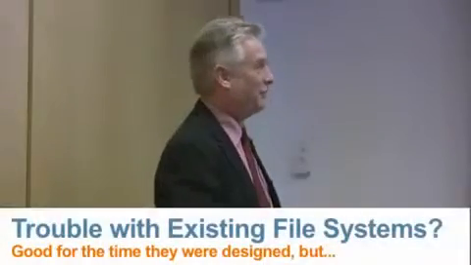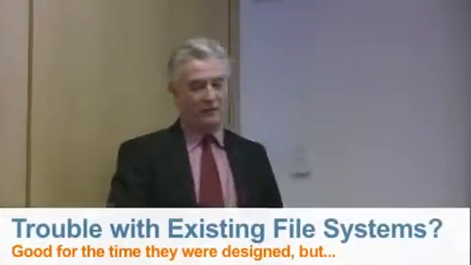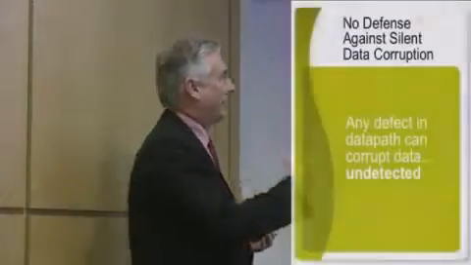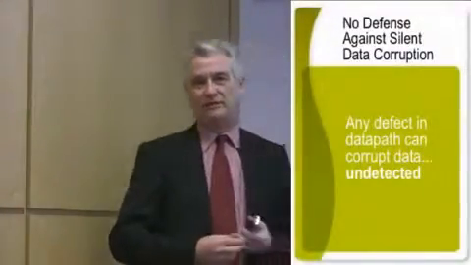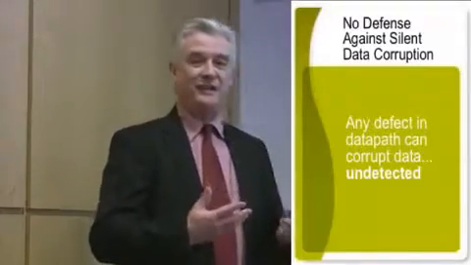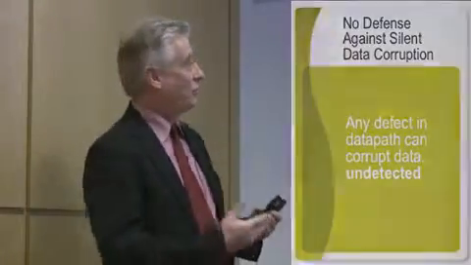Okay, 2 things. Why do we need a new file system? Why can't we use what we've got before? Well, you're going to learn some things about what we can do with this file system. The nice thing about having a blank sheet of paper and saying, if we were starting from scratch, is you can really address those problems that have been niggling for the last few years. Silent data corruption, what's that all about? That's about data that gets changed and causes data corruptions, and everybody thinks everything's okay until it goes wrong.